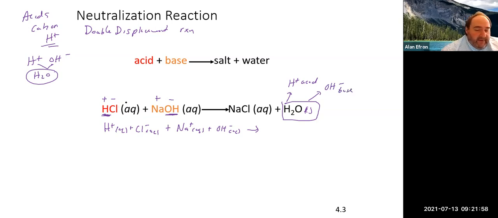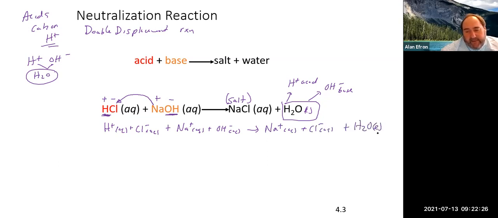And what you're left with then is the other positive guy coming together with the chloride, Na plus and Cl minus, which gives us this guy, our salt in this case. That's our salt and water. If we wrote our total ionic equation, Na plus would break apart from the Cl minus, and water would stay together.